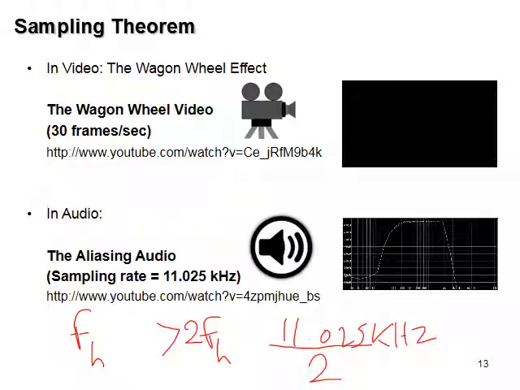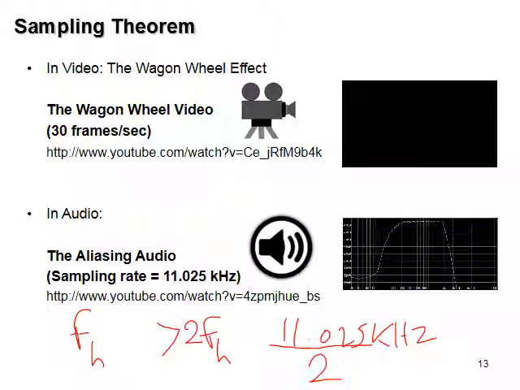So although the actual sound was increasing in reality up to 20 kilohertz, once we reach the 5.5 kilohertz mark, which is half of 11.025, it appeared as if the sound had a lower frequency, because you saw the curve going backwards, and even in the audio we were listening to, the sound did not keep getting higher.